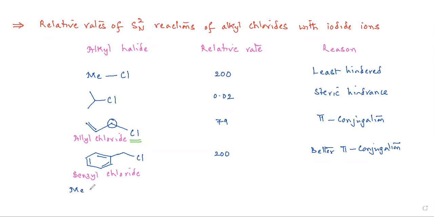Now look at this. MeO then Cl. Yes, just now I told you this very important point that when you have a heteroatom at the alpha carbon, that will give more rate of reaction.